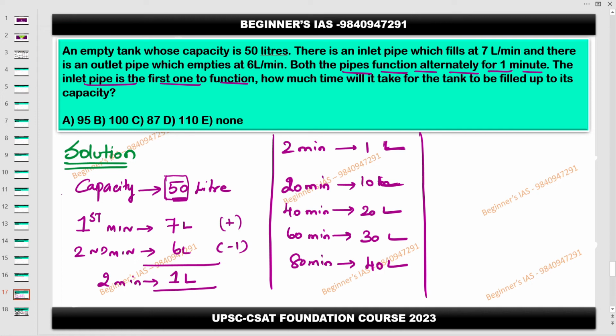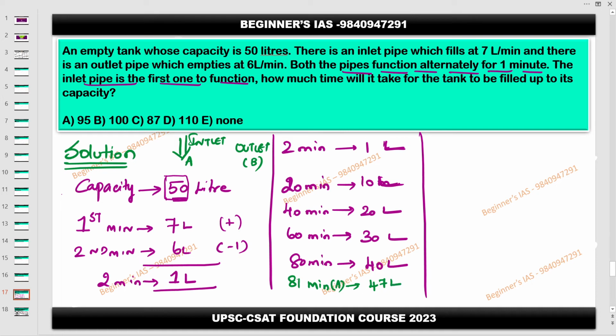So now I'm changing the color of the pen. We take the inlet as A and the outlet as B. In the 81st minute, A is opened, and A has the capacity of filling 7 liters.